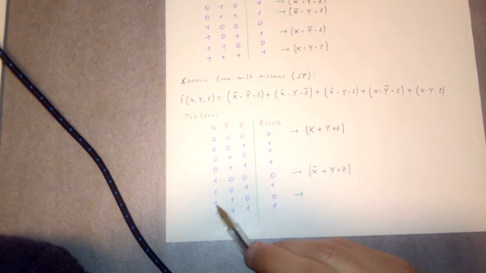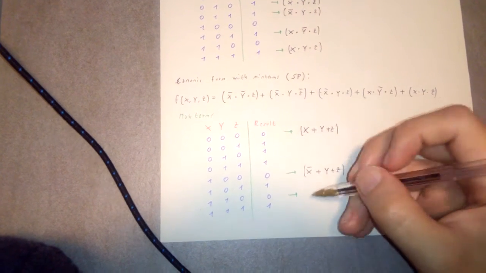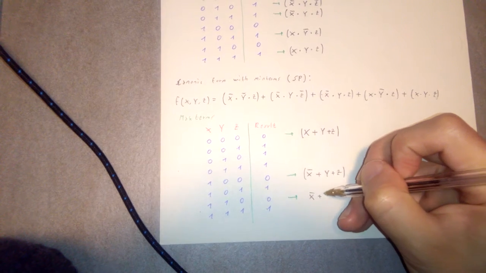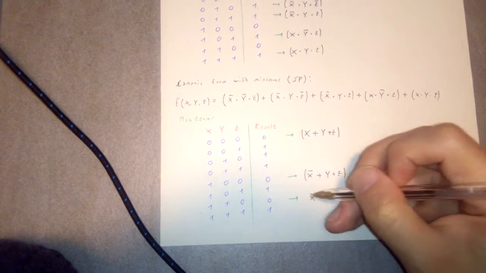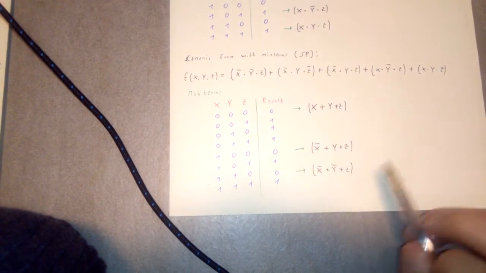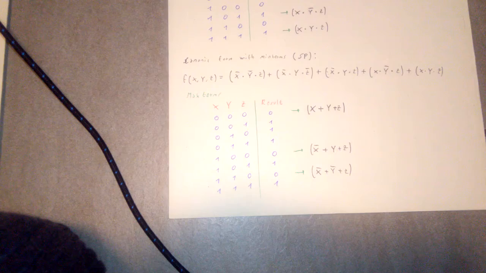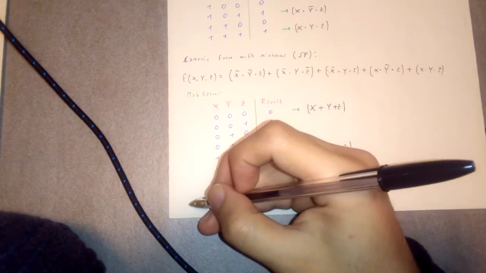And lastly, we have 1, 1, 0, so not x plus not y plus z. Now, those are actually the terms that form the product of sum representation with Maxterms.